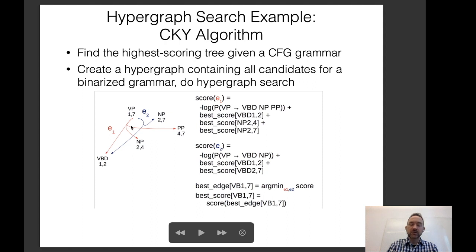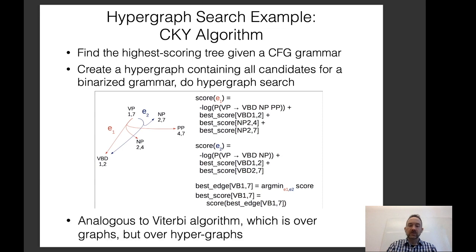The only difference between this and a hypergraph is that now instead of having a single best score like we had for search using the Viterbi algorithm or the forward-backward algorithm, we have multiple best scores where each best score corresponds to the score of one of the children here. So this is analogous to the Viterbi algorithm that we talked about before, but we're doing search over hypergraphs instead of individual graphs.